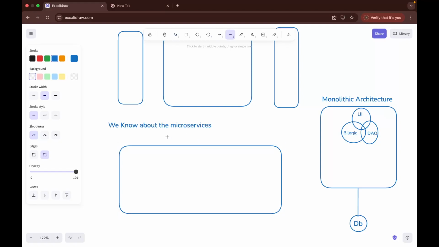Here our project will be divided into many components, and this is a good approach because this is a service, this is also a service, and this is also a service.